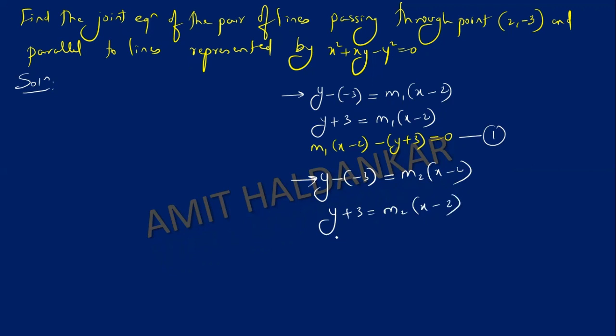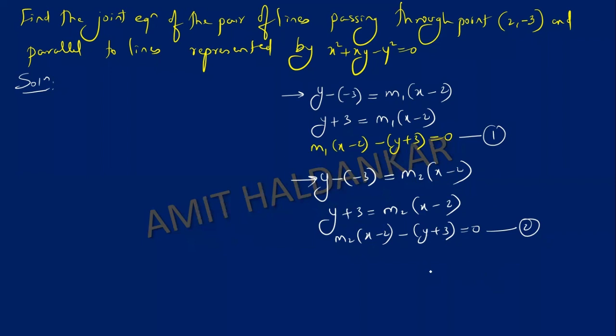That is, m2 into x minus 2 minus y plus 3 is equal to 0. Now these are the separate equations, and when I multiply these two separate equations, I will get the joint equation.